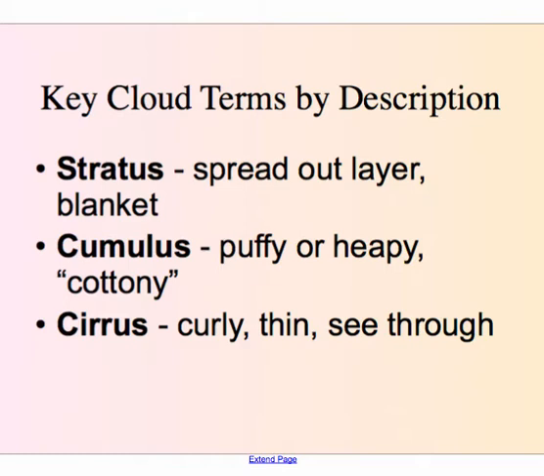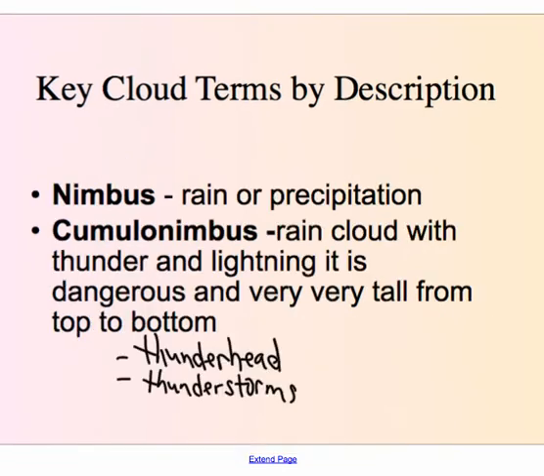They're just ice crystals or tiny little water droplets. Cirrus, those are going to be curly, thin, or see-through. They're very wispy. Since they're made out of ice crystals, I always picture them as the snow that blows across the road when it's really cold, and you can see how it'll make these wisps and curls. However, those get frozen in time high in the altitude of cirrus.